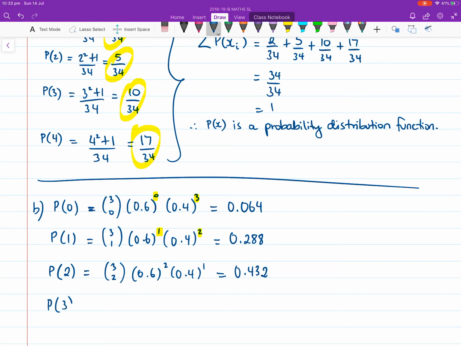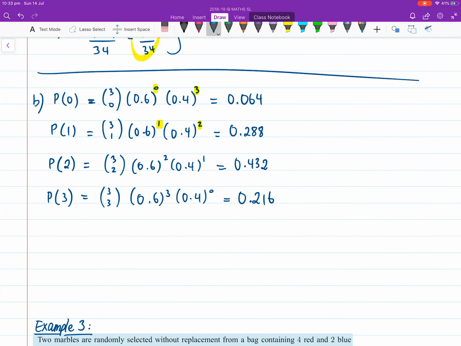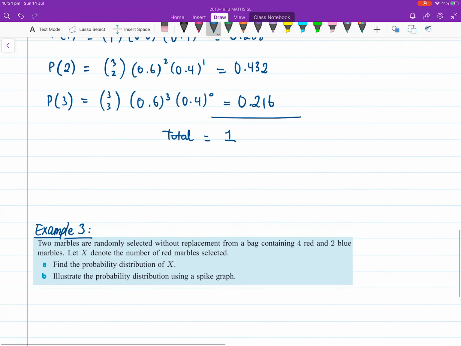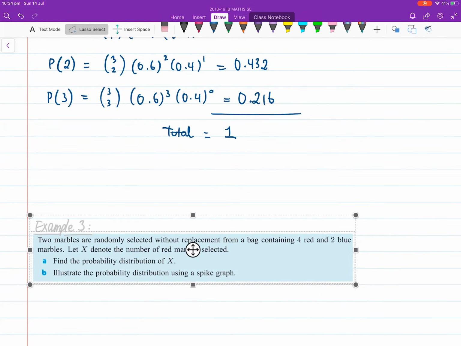And then P(3), the last one, is going to be 3C3, or 3 choose 3, and you get 0.6 to the power 3, and then 0.4 to the power 0 technically, or you could just leave it out, and you get 0.216. Now, if you total all of this, it should add up to 1. So therefore, it is a probability distribution function. I'll skip writing that out so it's a little quicker, but yes, you can conclude that at the end.